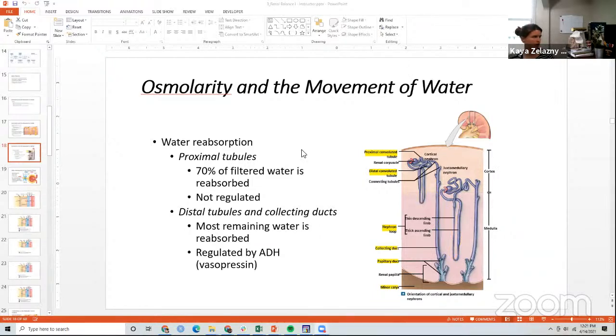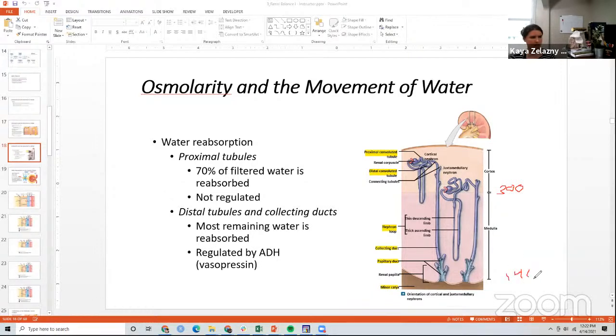So what we're thinking about is how the increase in the osmolarity of the medulla affects water reabsorption. We set up an increasing gradient. We have like 300 milliosmoles in the cortex, and then in the depths of the medulla, we get up to like 1400.